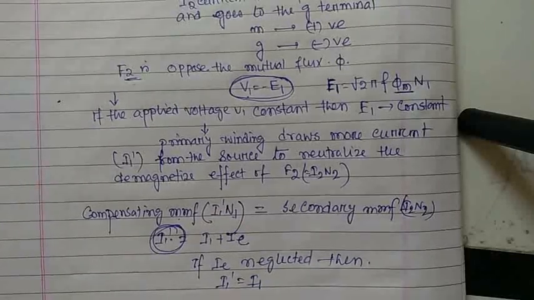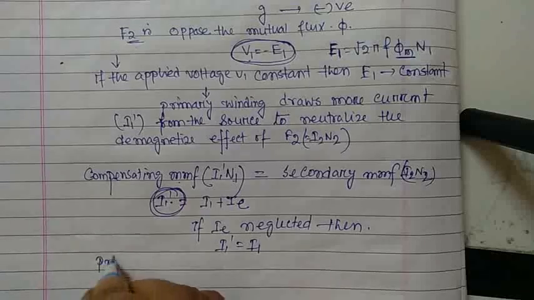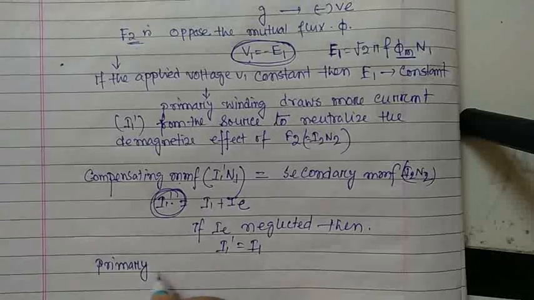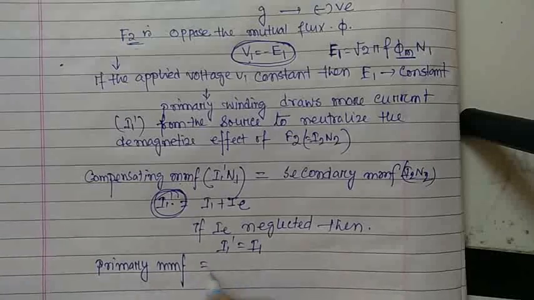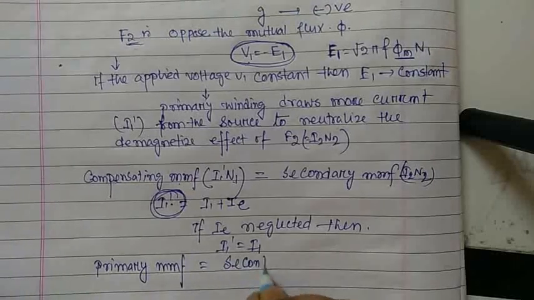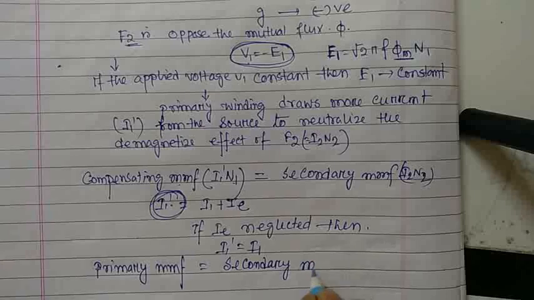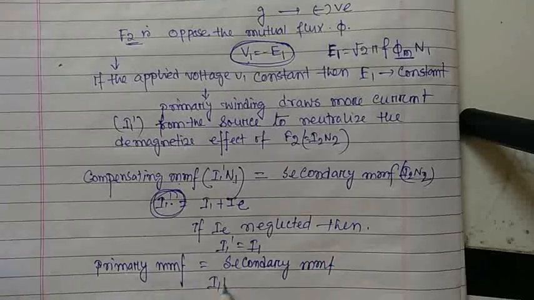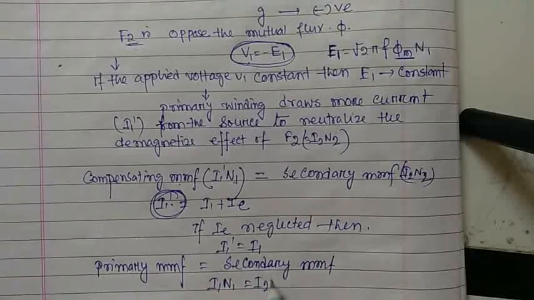So very simply, the primary MMF in a transformer is equal to the secondary MMF, that is I1 N1 equals I2 N2.